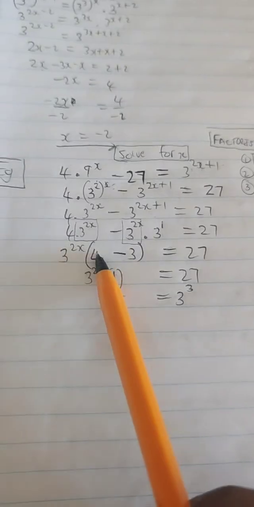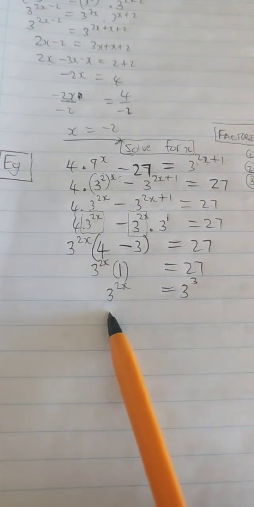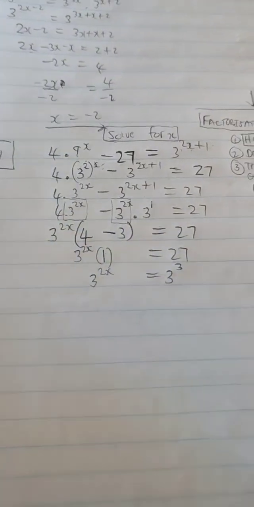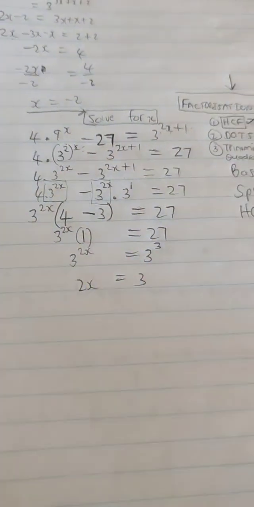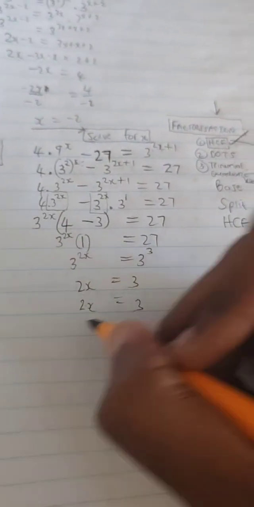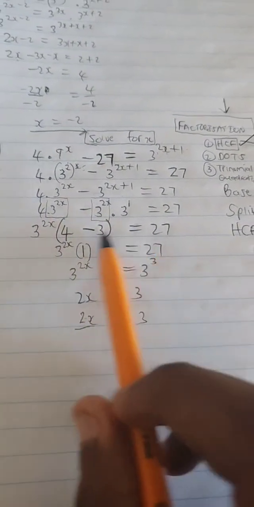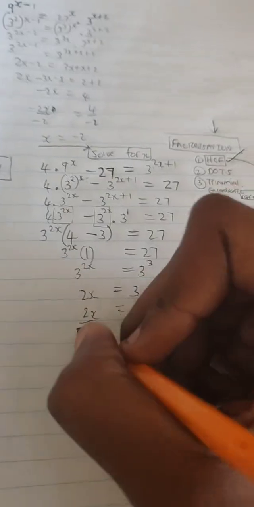But it's just fortunate that I have 4 minus 3, which is 1. Makes life very easy because you get 3 to the power 2x, you change the 27 to prime base, so 2x is equal to 3 because bases are the same. You drop the base. We are back in grade 8. From here onwards, grade 8 stuff.